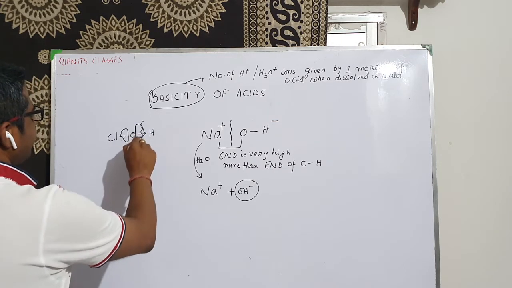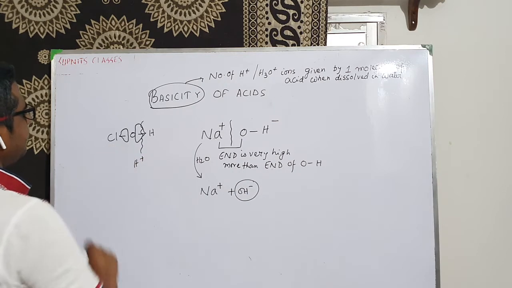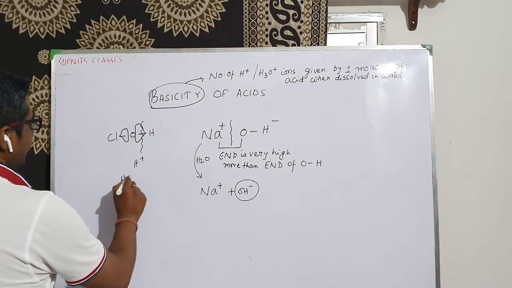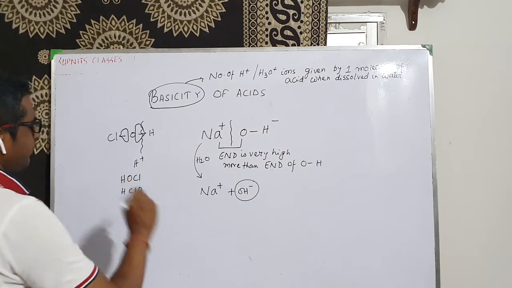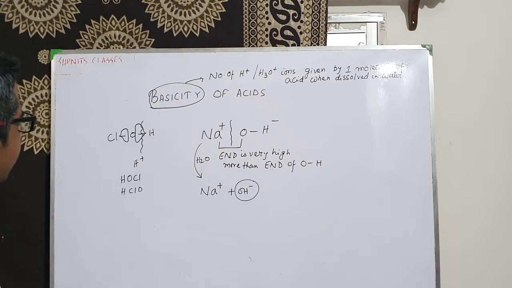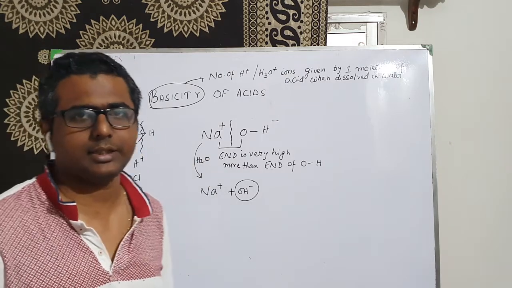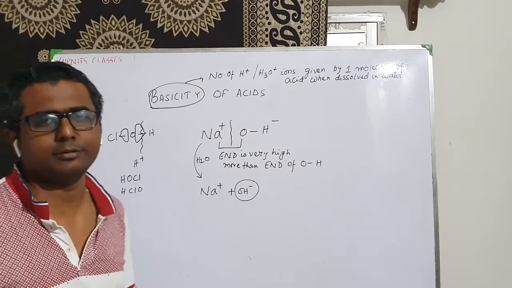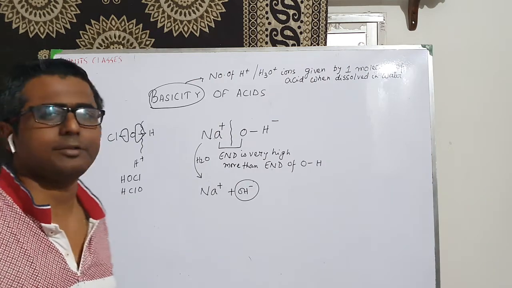So it will break from this side, okay, and it will give H plus, and that is why ClOH, which we basically call HOCl, okay, sometimes people call it HClO also, hypochlorous acid. Okay, so this is an acid, but this is a base. Clear? I hope this is clear to you, and I hope you will be able to complete the homeworks and everything that is related to this one. Thank you.